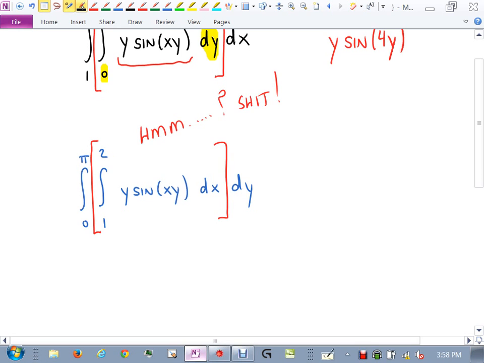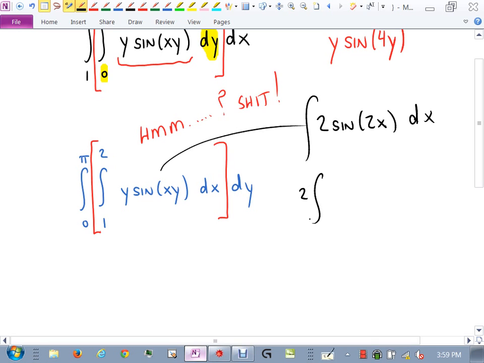Anytime you're trying to integrate something with respect to a variable and you've got that other one that's supposed to be a constant and you're getting confused as to how to do it, just replace the thing that's supposed to be constant with a constant and try to integrate it. It might be easier. Like, let me replace y with 2 here. 2 sine 2x. Could you integrate that?